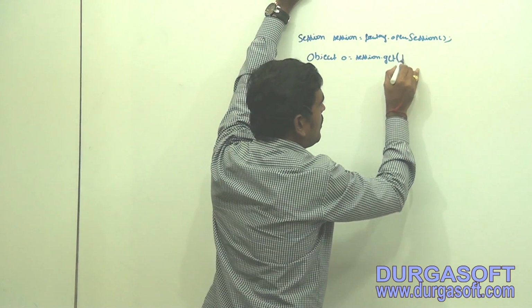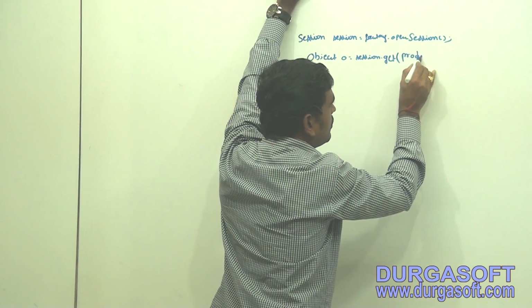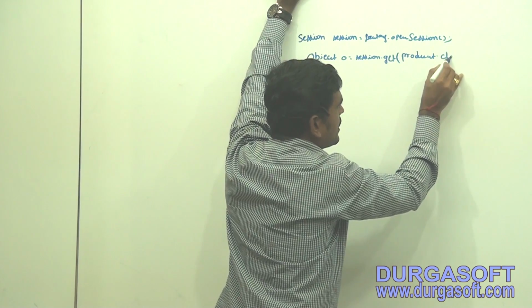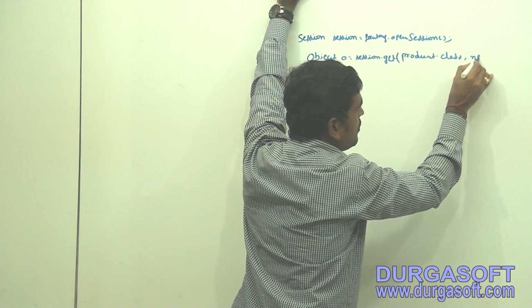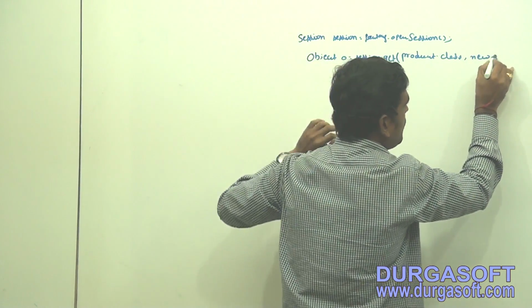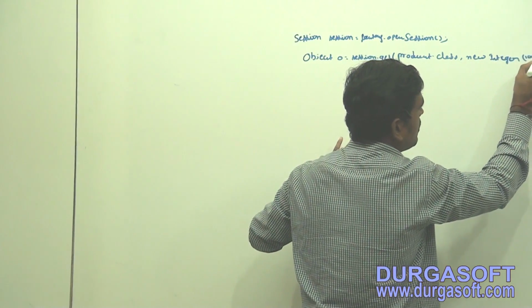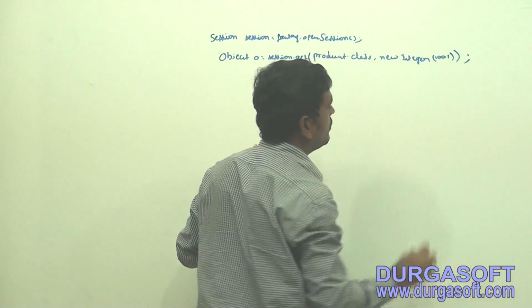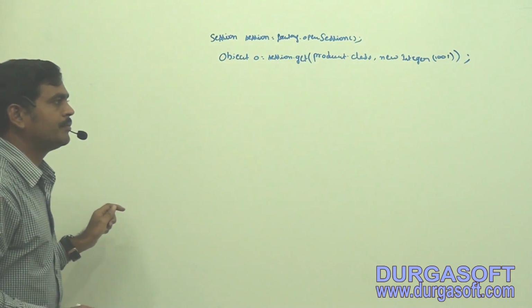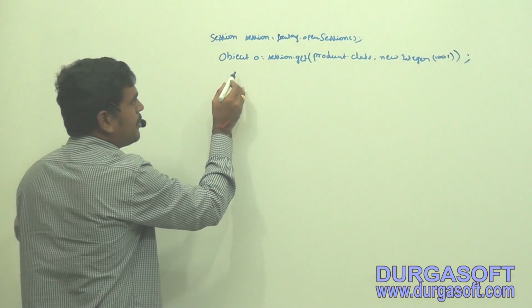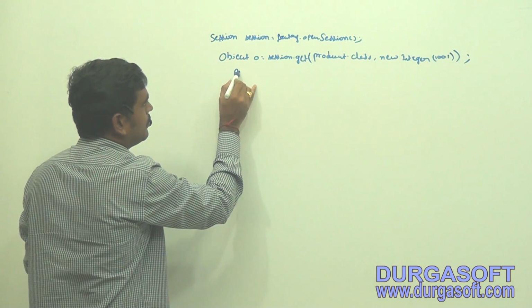Now here I am passing Product dot class, the next new Integer of 1001. Then next after that I am going to typecast into Product.